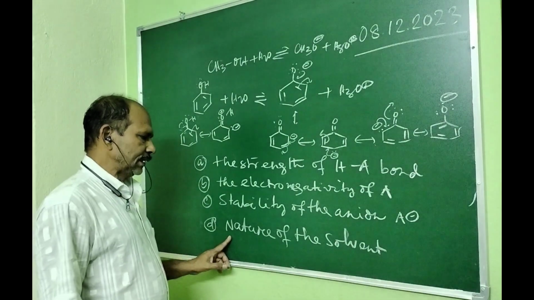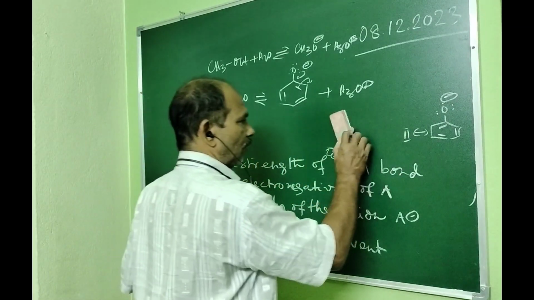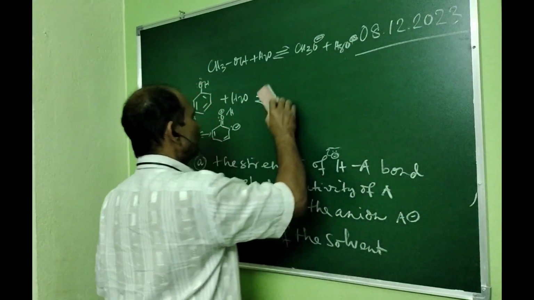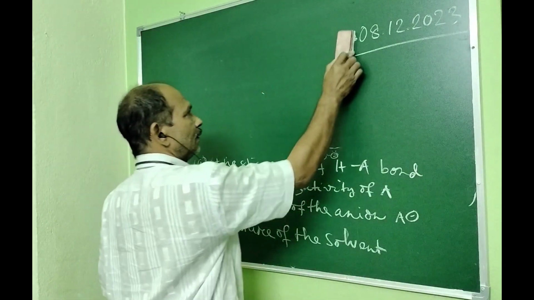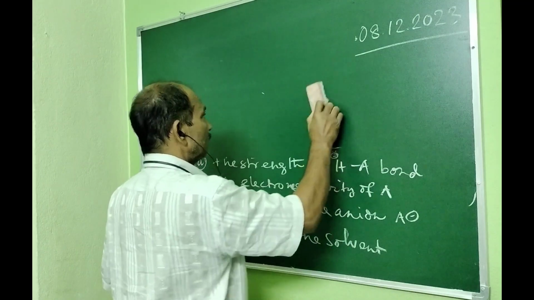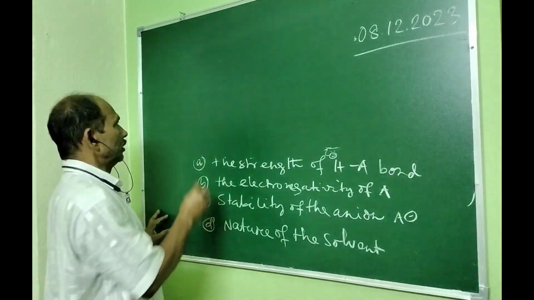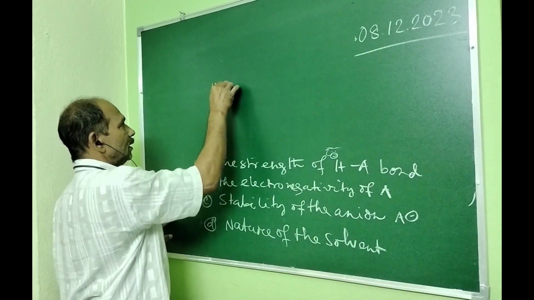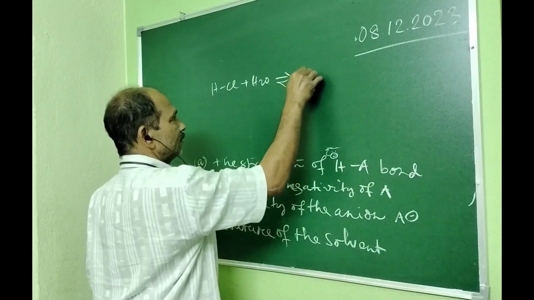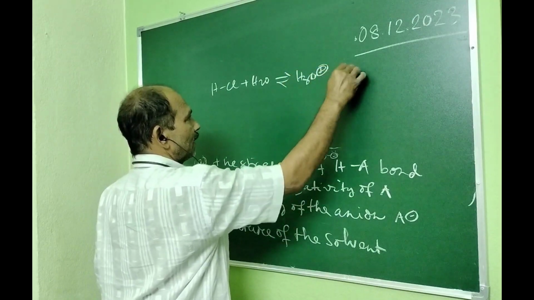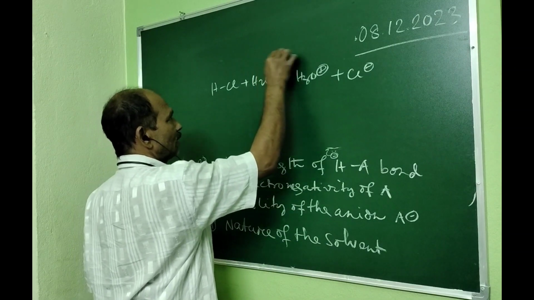The last factor is the nature of the solvent. You see, when we take the aqueous solution, HCl is very much acidic. But if we dissolve HCl in benzene or toluene... HCl in aqueous solution is highly acidic. It forms H3O plus and Cl minus, and this equilibrium is mostly shifted towards the right.